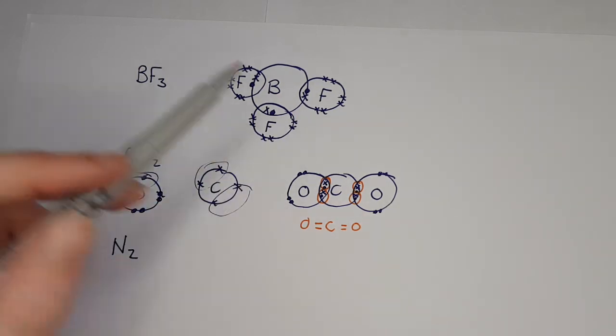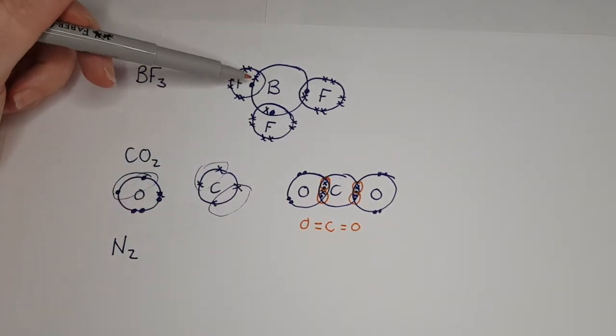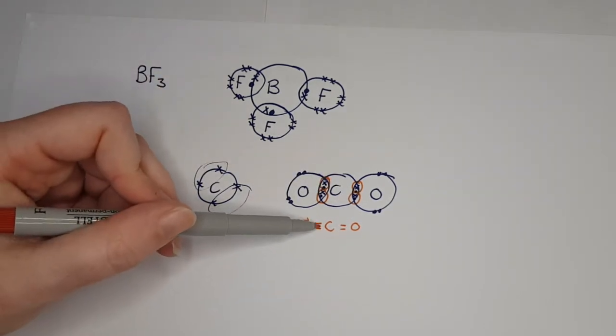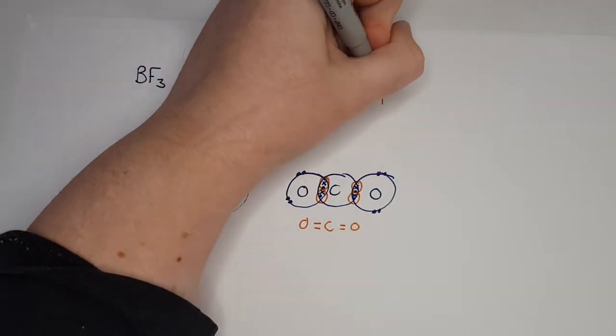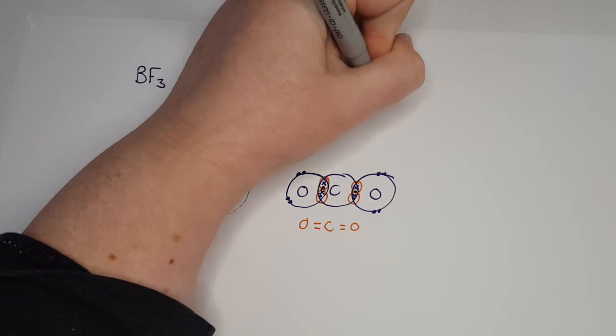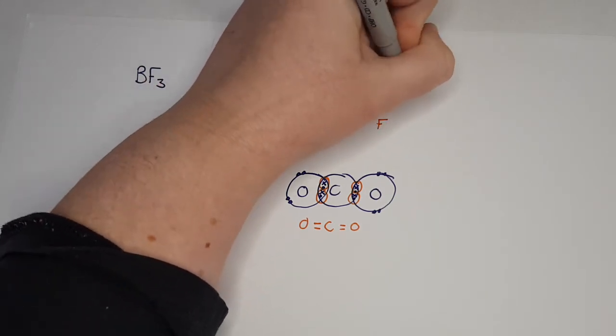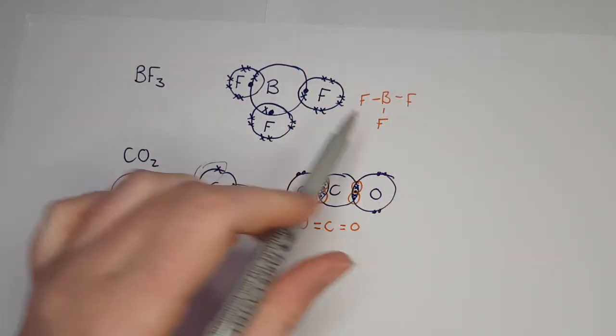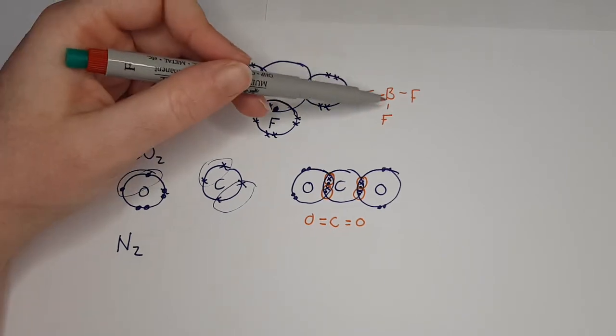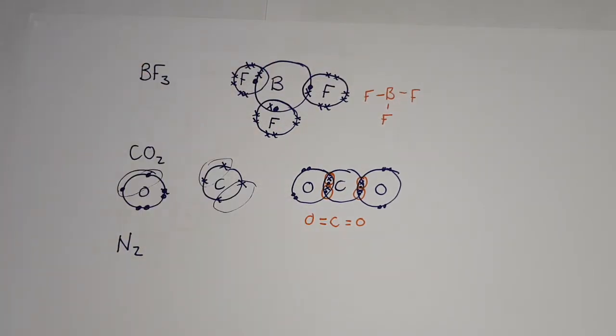So wherever we're drawing our dot and cross pairs, those represent a bond. So when we're writing it as a structural formula, that's what that looks like, because there's each of those bonds. We can represent them as a line.